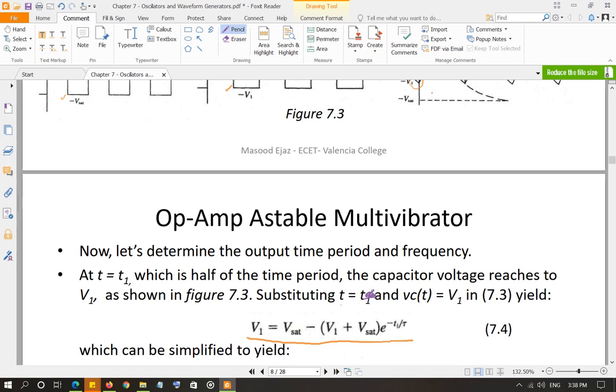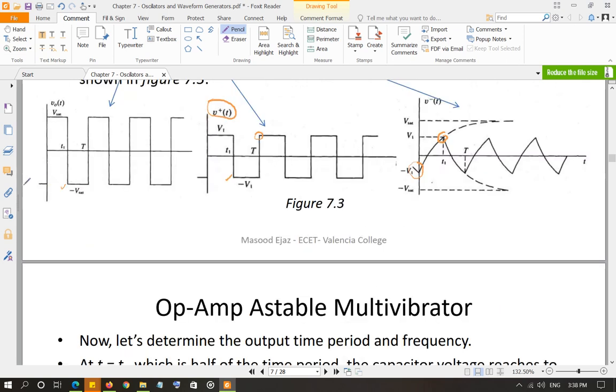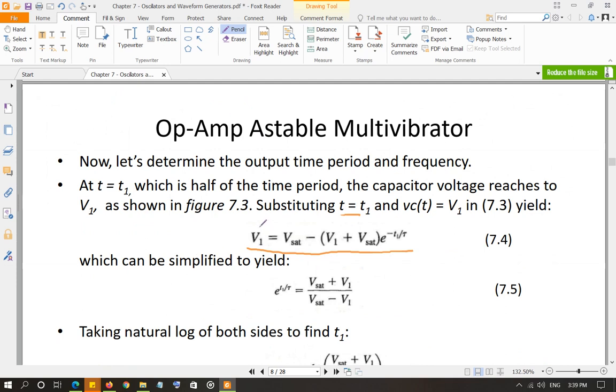T1 is the time at which the output goes from high to low, right? At this time the capacitor voltage was V1, as you can see. So we substitute that time over here, negative T1 over tau, and then we solve this.